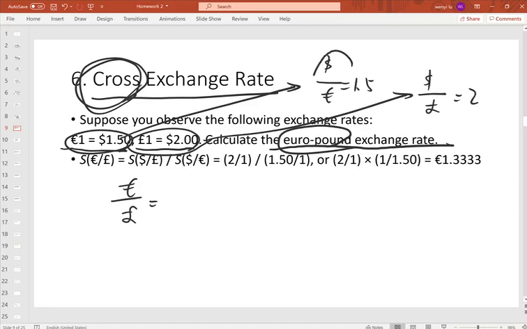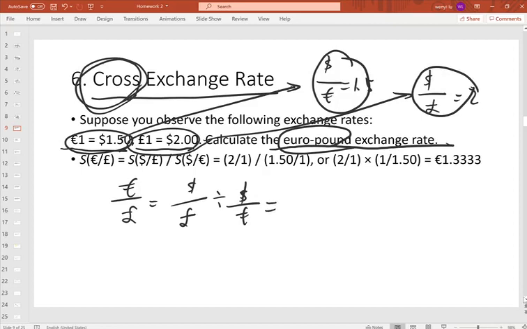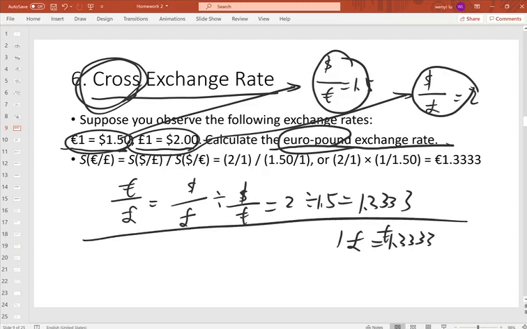You can see the dollars for both quotes are on top, so we will use divisions: dollar over pound divided by dollar over euro. So we have 2 over 1.5 equal to 1.3333. So 1 pound equal to 1.3333 euros. You can say that's our cross rate.